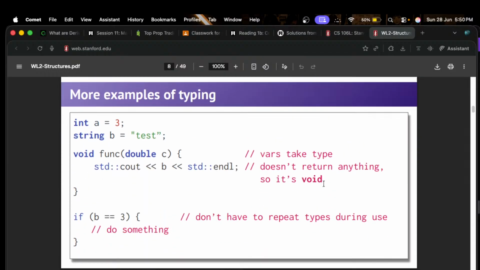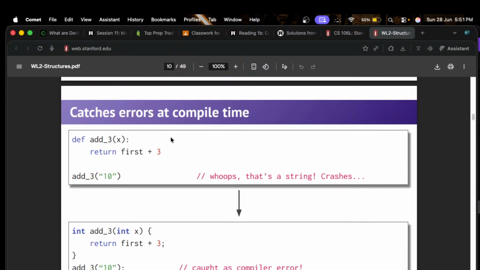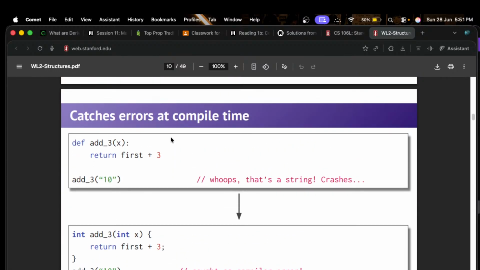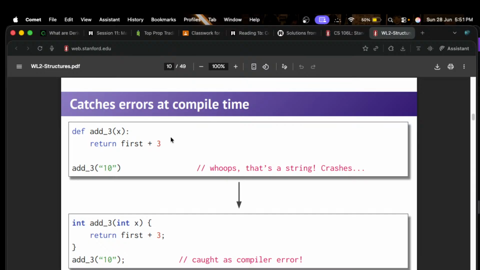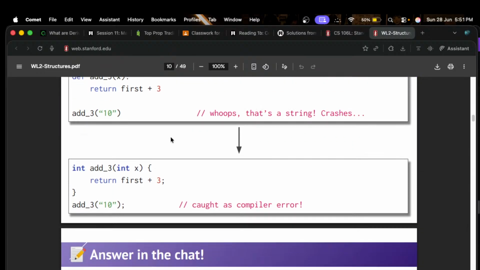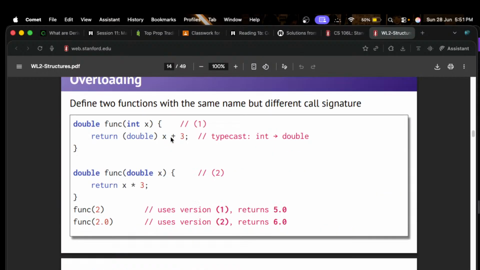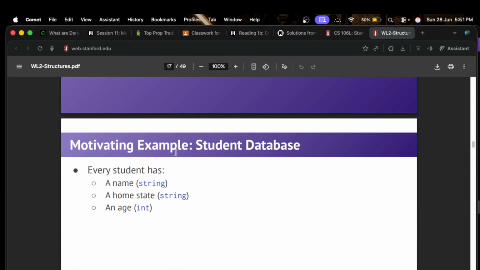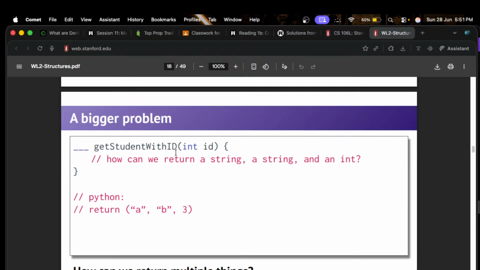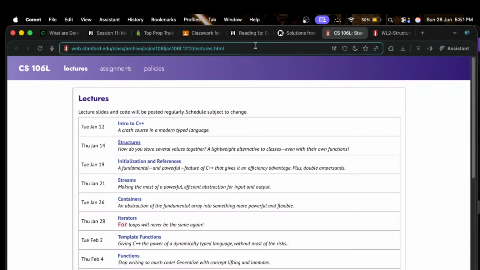More examples of typing. Okay, I will start from session 2 tomorrow.